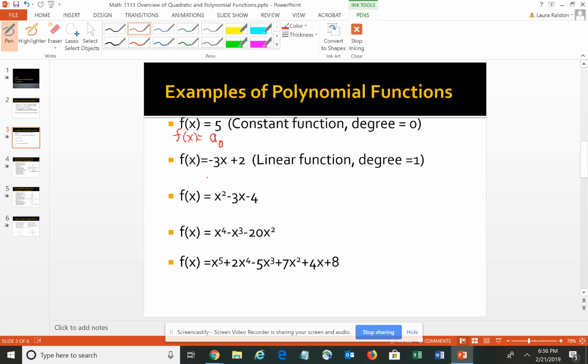Then you have linear functions, which we've talked about previously. This is like having f of x equals a sub 1 x plus a sub 0. Now, you're used to seeing a linear function usually in the terms of mx plus b, where m is the slope and b is the y-intercept.